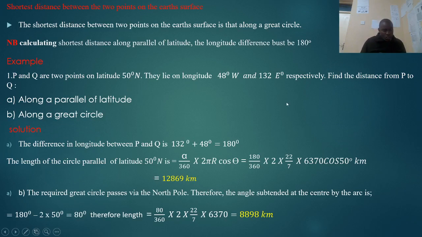Now, let's sketch what we are told here. We have a Greenwich Meridian here, and then we have an equator. If I have an equator like here, and then I have 50 degrees north, because I'm told 50 degrees north.